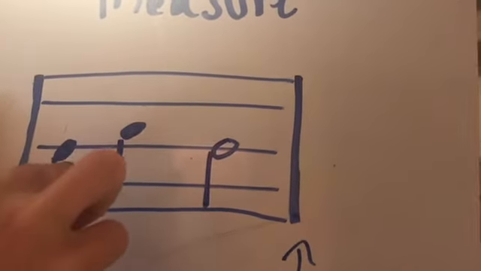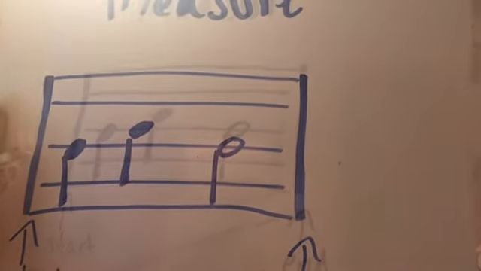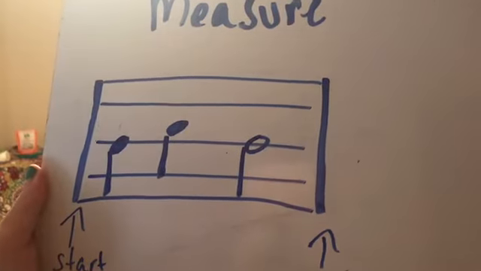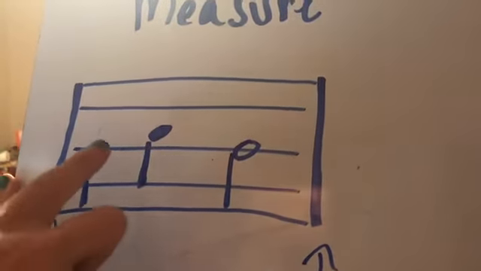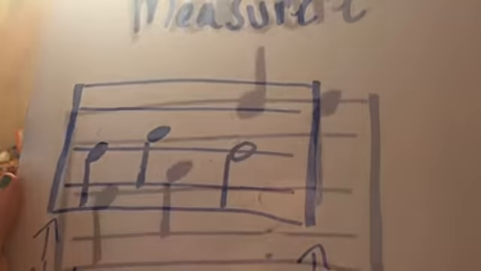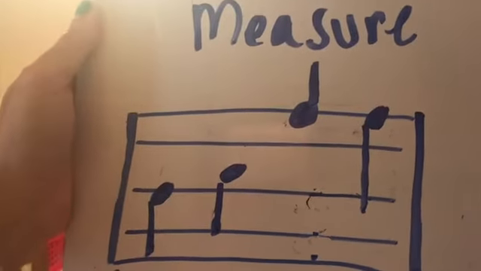Anything that is lower than the 3rd line, you have the stems going up. Your stem direction does not change the value of the note, so this is still equally representing a quarter note.